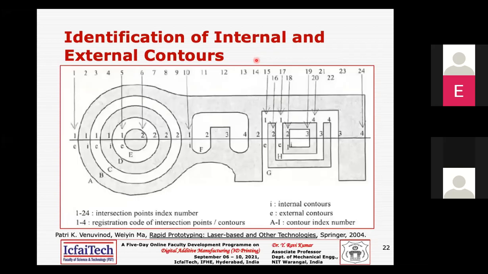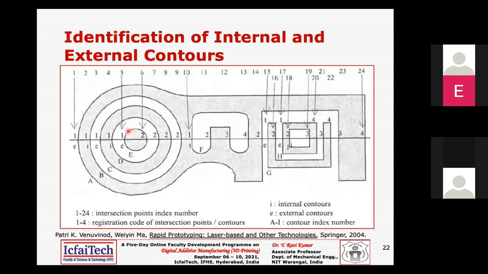So how do you organize these contours? Say, if you take a particular slice position, you may have n number of contours at that layer position. If you see the cross section at a particular layer position, you have n number of cross sections, and each cross section or contour may have a kind of hierarchy, a parent-child relationship.